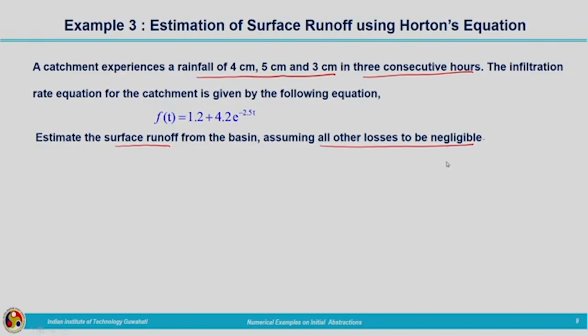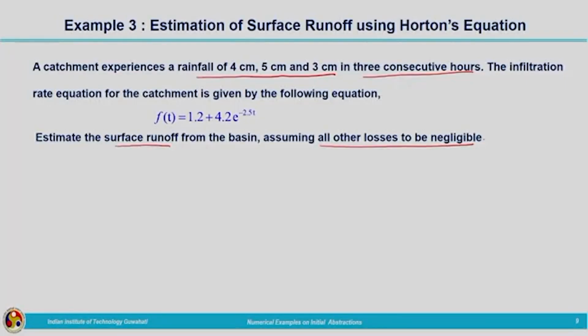Here you can see the infiltration rate is represented by means of an equation. That equation is given to you, and rainfall depth is also given for 3 consecutive hours. Rainfall in terms of depth, that is the hydrograph, is given to you, and the infiltration rate equation is also given.